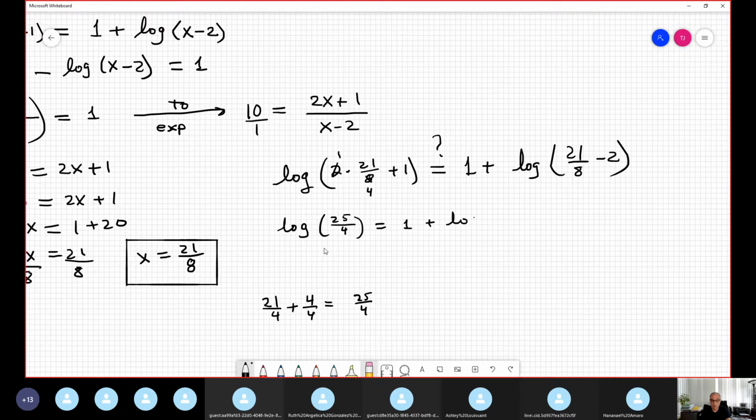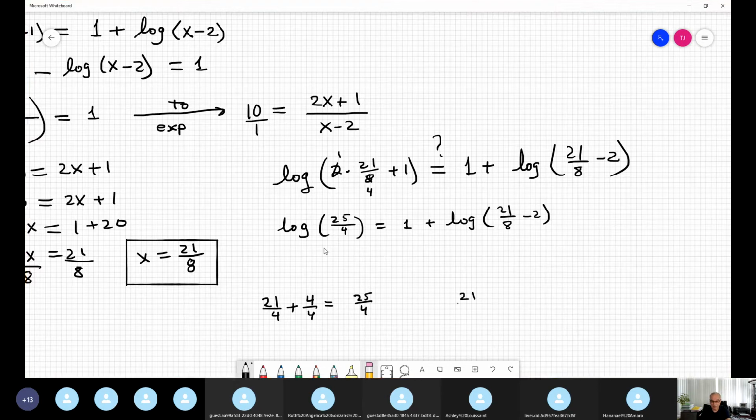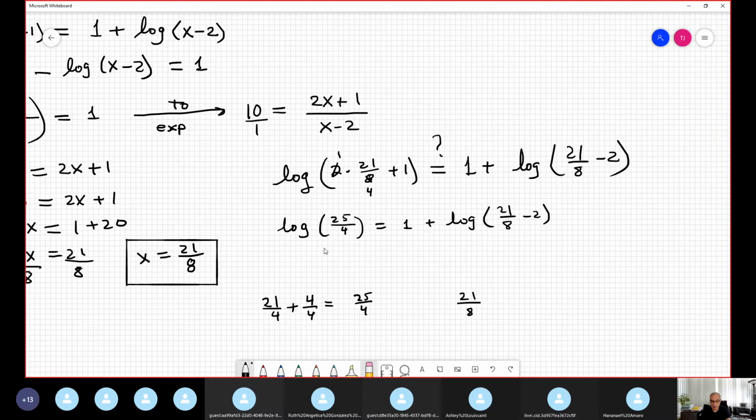1 plus logarithm of 21 over 8 minus 2. Doing the arithmetic part of the fraction separately here, which is always complicated. Minus 2 is 16 over 8, no? So 21 minus 16 is 5, no?